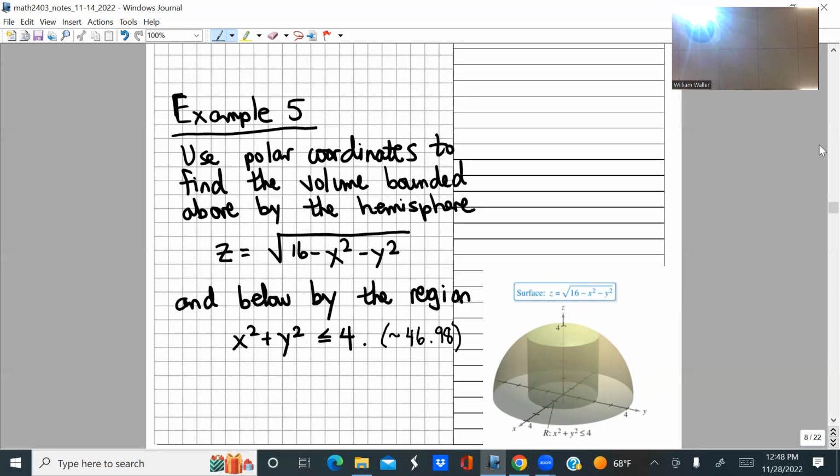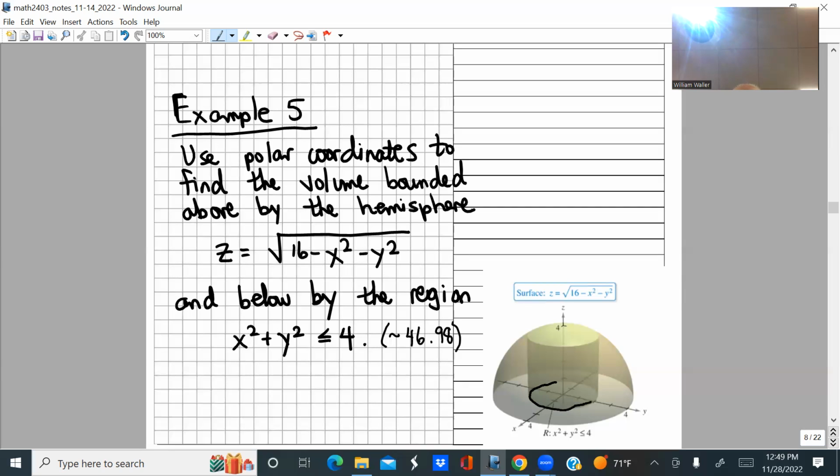So that's the volume beneath a function, this function square root of 16 minus x squared minus y squared, down to a region in the xy plane. But let's see now if we can describe that region efficiently using polar, because maybe that would be easy. So this region right here, see if I can outline it.